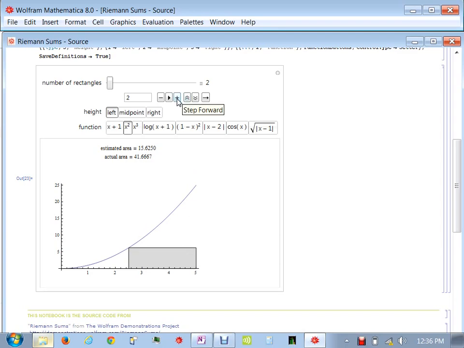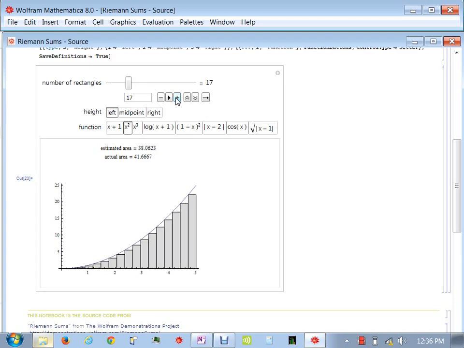Let me do it again with 3 rectangles. I start at the left end, I go up and over, but since at the left it's 0, there's no rectangle here. Then I go up and over to the right, I get this. Now look at this area, it's not enough, is it? But as I add more rectangles, I keep on getting closer to the true area. 37, 38, right?